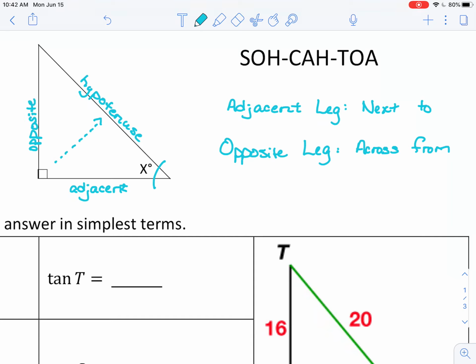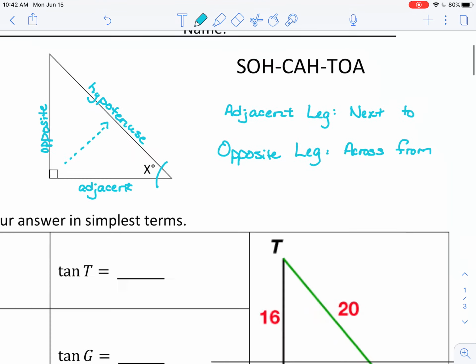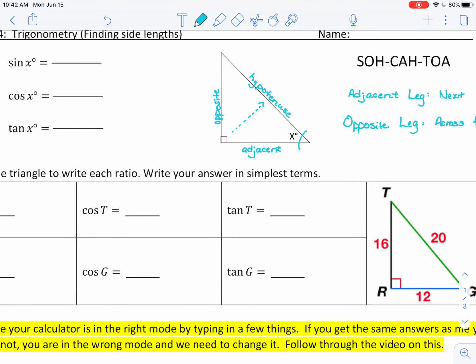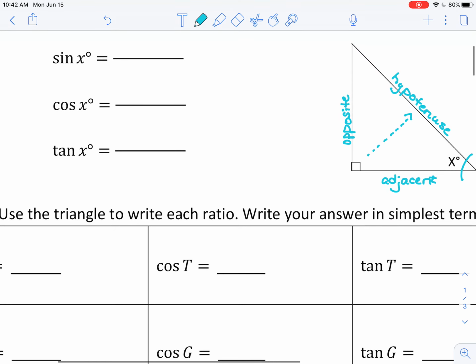So we've got these three sides, these three labels, and if I make fractions out of these three sides, we're going to get these new trigonometric ratios. So by that I mean, if I want to know what the sine of x is, sine is defined, like this isn't something you should know yet. Sine is defined as the ratio of the opposite leg over the hypotenuse.